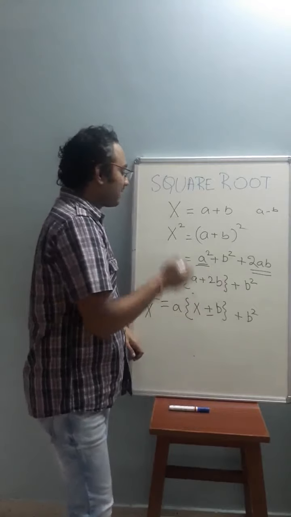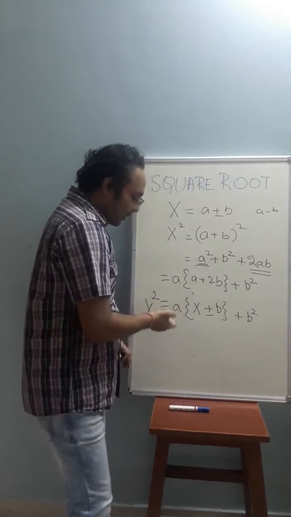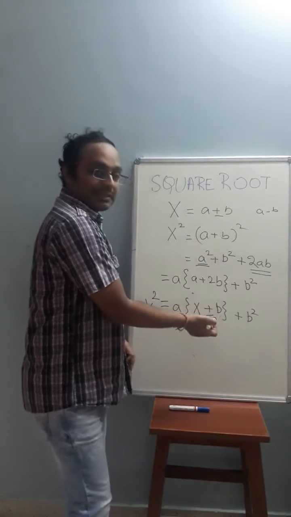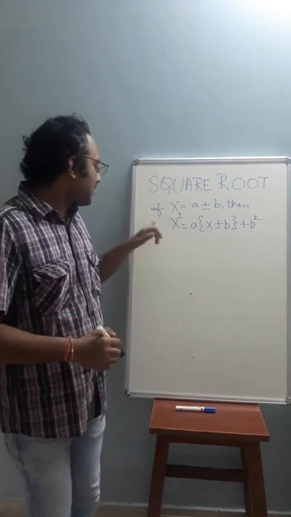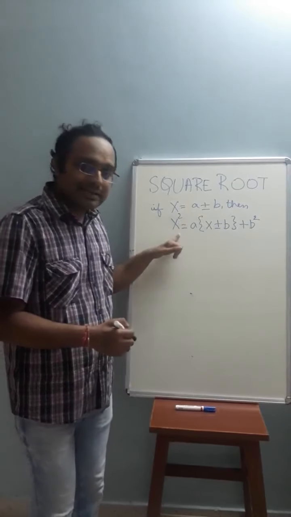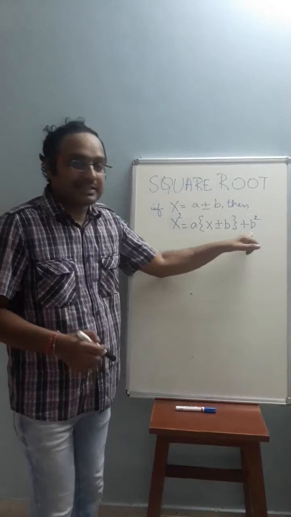In general, if x is equal to a plus or minus b, then x square is equal to a into x plus or minus b plus b square. We derived the equation.